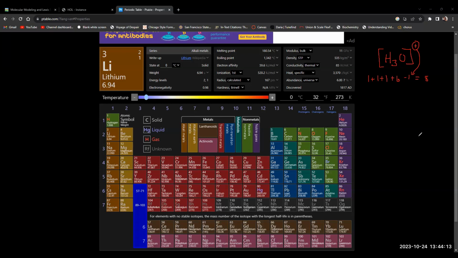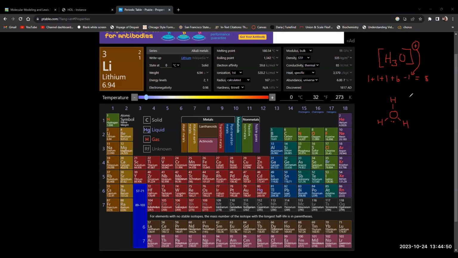So let's build our structure. Oxygen will be in the middle in this case, because remember, hydrogen doesn't like to have more than one thing attached to it. 2, 4, 6, 8.